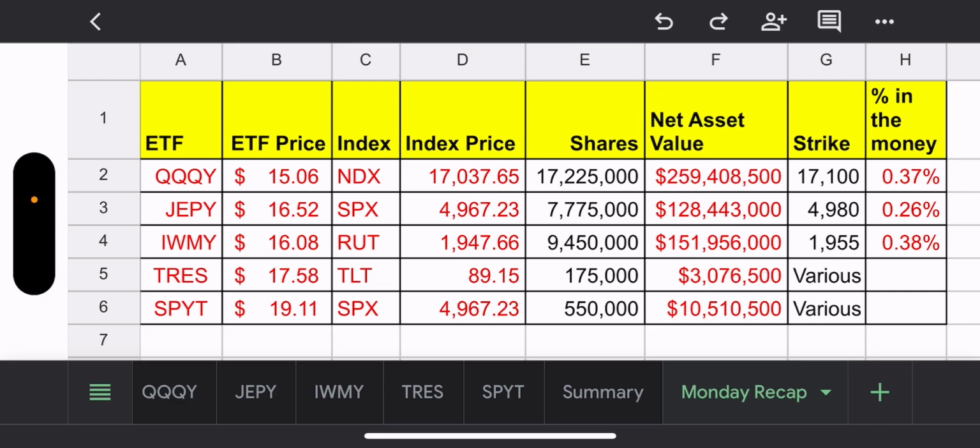And then JEPY has a strike price of 4,980. That's 0.26% in the money. And then IWMY has a strike of 1,955, getting close to that 2,000 number again, 0.38% in the money. So the most aggressive of the bunch. But they've all done, to be honest, pretty bad. But the market's been crap, so there's nothing you could do. It is what it is. But yeah, that's the summary for the Monday recap.